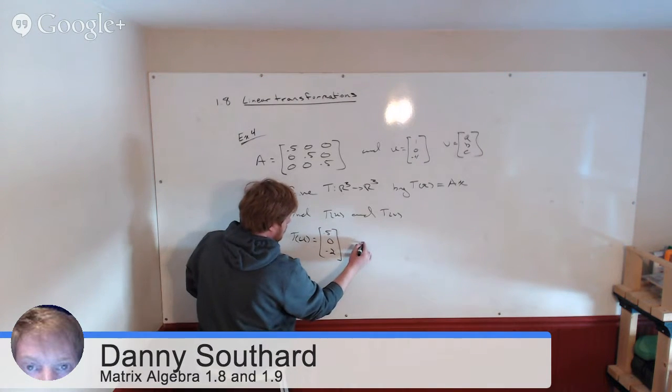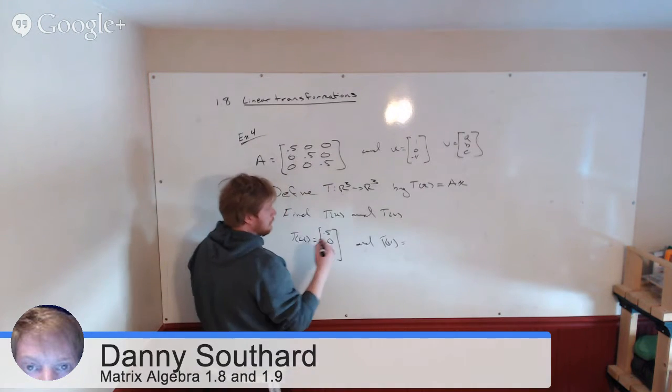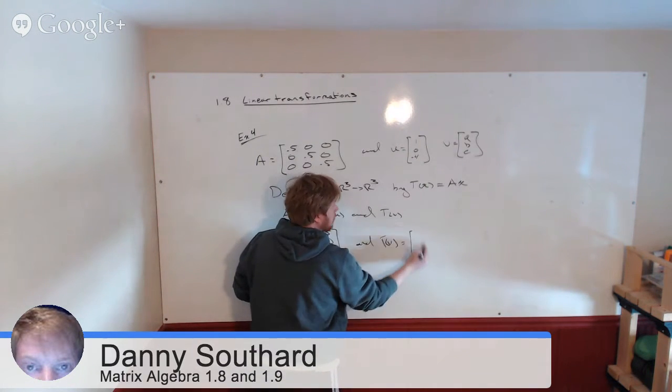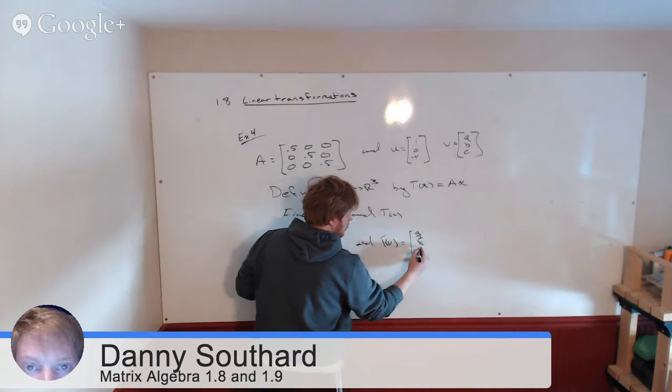And T of V, in general, what this matrix does is it halves my inputs.